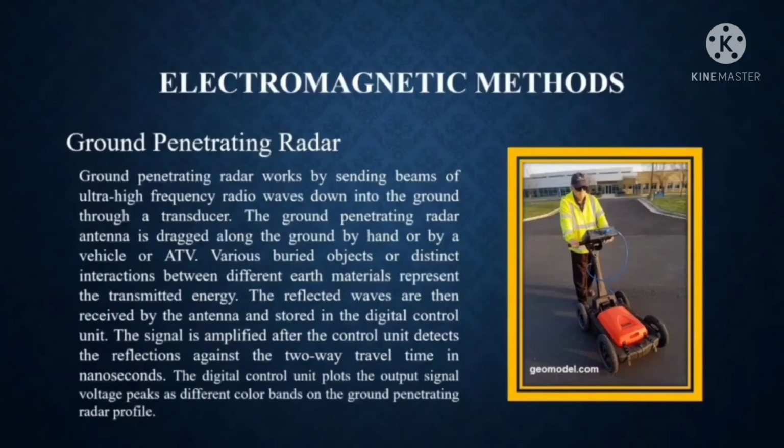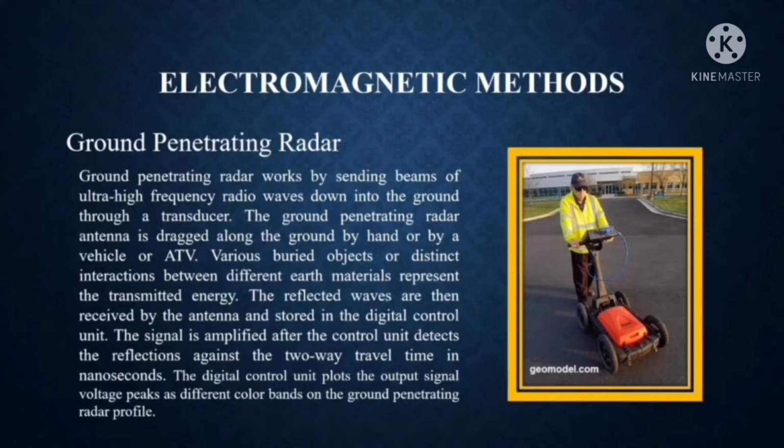Ground penetrating radar. Ground penetrating radar works by sending beams of ultra-high frequency radio waves down into the ground through a transducer. The antenna is dragged along the ground by hand or by a vehicle or ATV. Various buried objects or distinct interactions between different Earth materials reflect the transmitted energy.